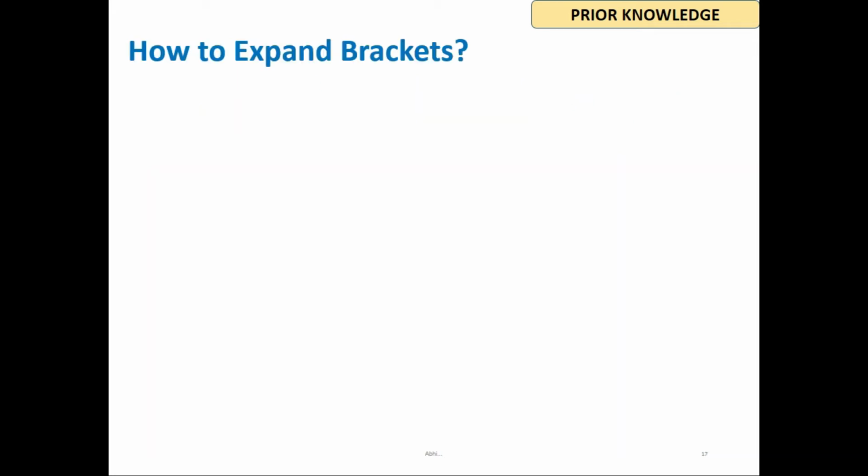How to expand brackets. Let me take an example. 3(x minus 1). Now if you're asked to expand this bracket, 3 multiplied by x minus 1.